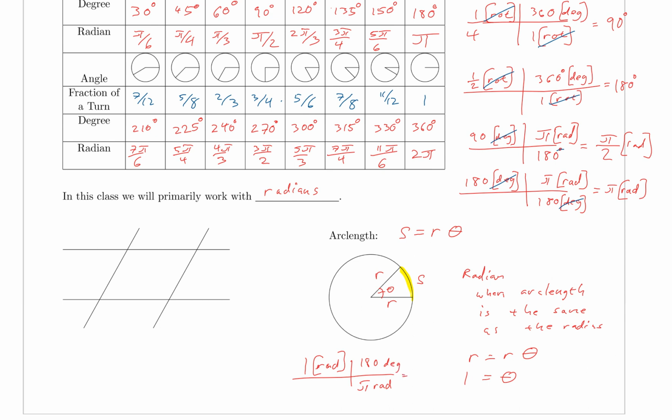Radians cancel with radians, leaving degrees. So it's going to be 180 divided by pi, and when you punch this into the calculator, you will get 57.2957, and a whole lot of decimal places. So it's about equal to that. Pretty close to 60 degrees is 1 radian. So it's not an insignificant rotation.